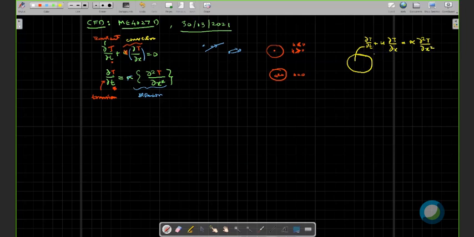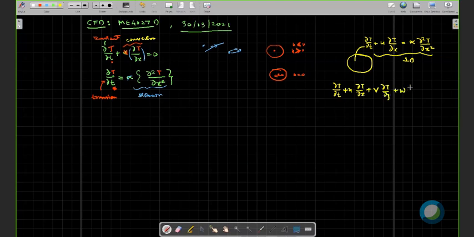Okay, so this is only for 1D. For 2D, you can have ∂T/∂t plus u ∂T/∂x plus v ∂T/∂y, the gradient of T in the y direction with v velocity.